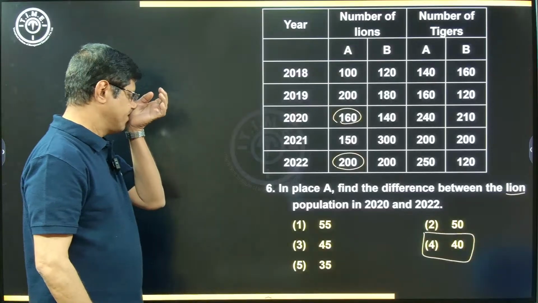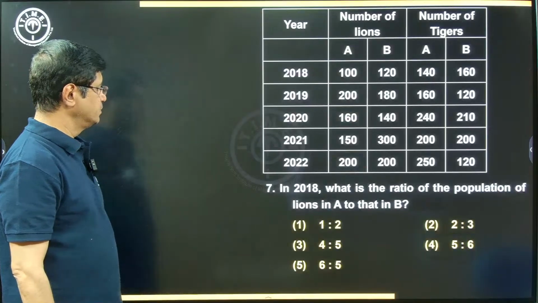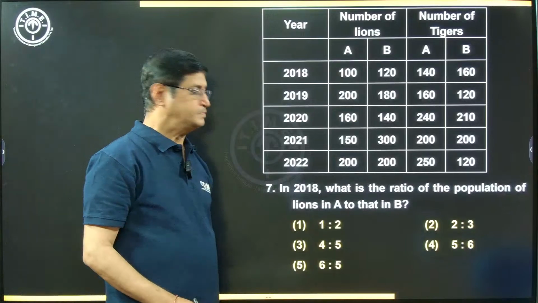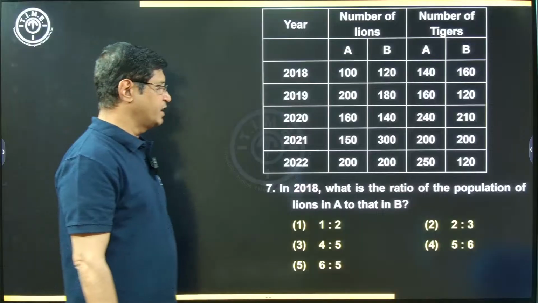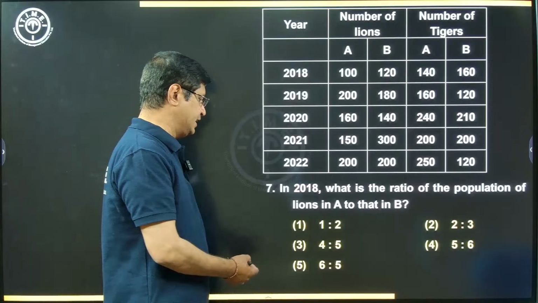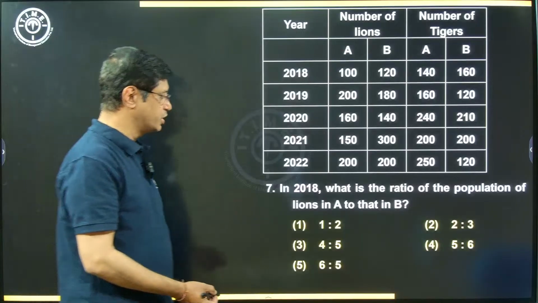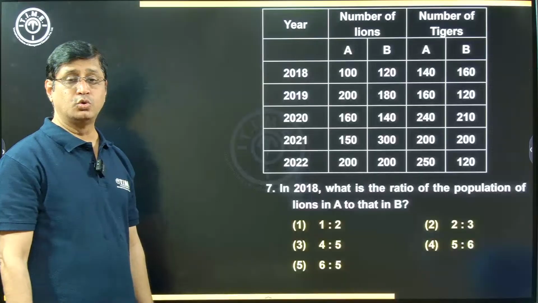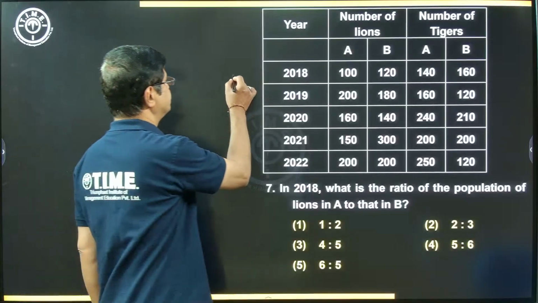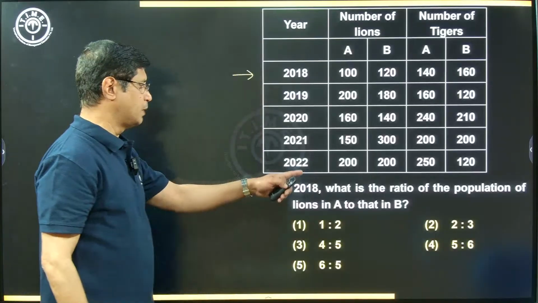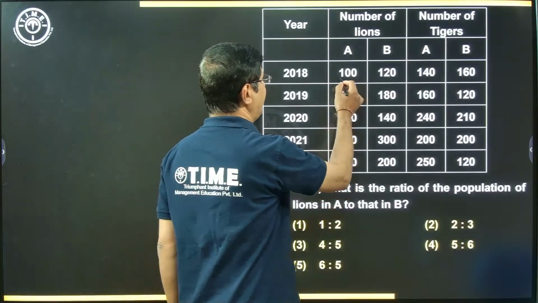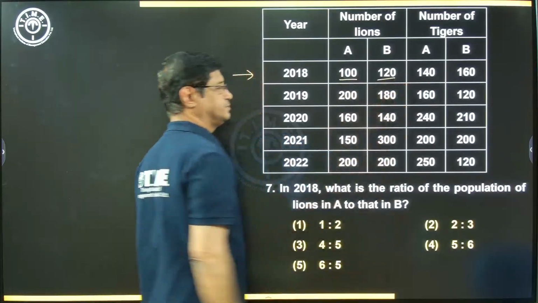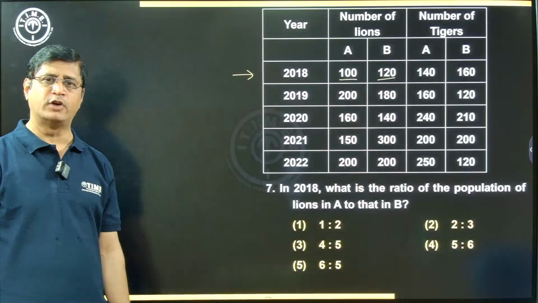Okay. Now look at the next example. Question number 7. In 2018, what is the ratio of the population of lions in A to that of B? Lions population, A and B: 100 and 120.